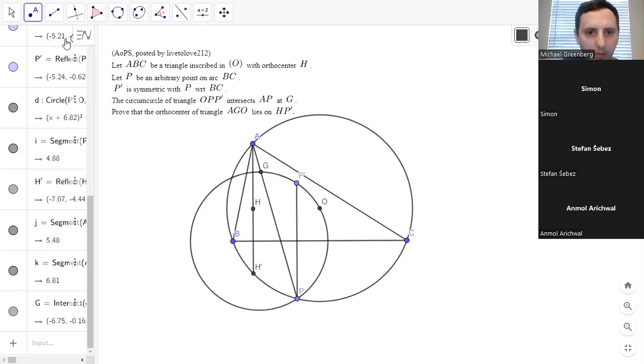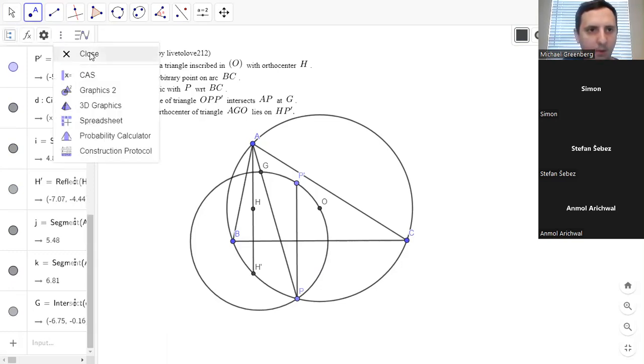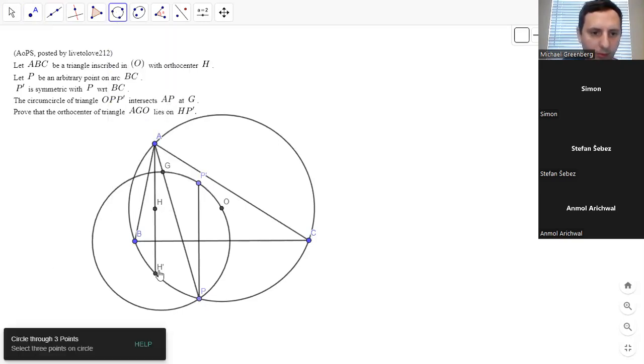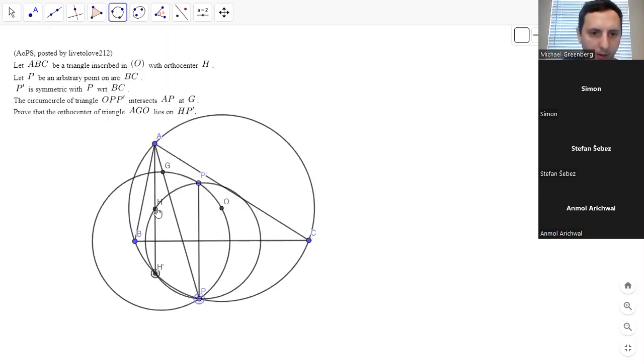Let me close this. I don't know if it's also worth drawing this circle or not. Maybe not. I'm not going to draw that for now. Okay, so we want the orthocenter of AGO. I wonder if there's another way to do this.